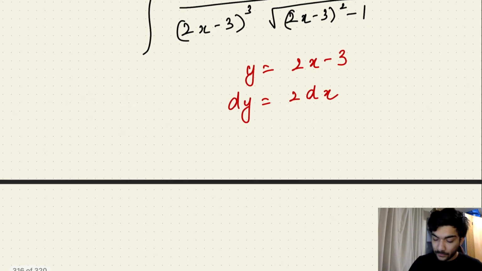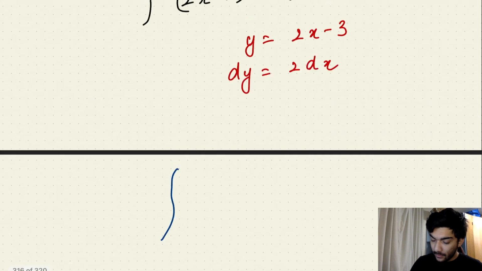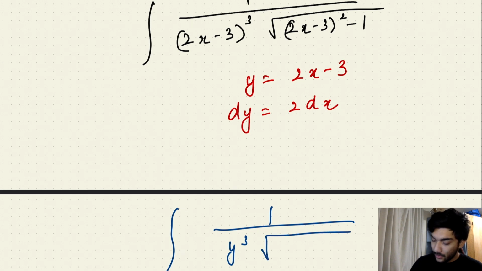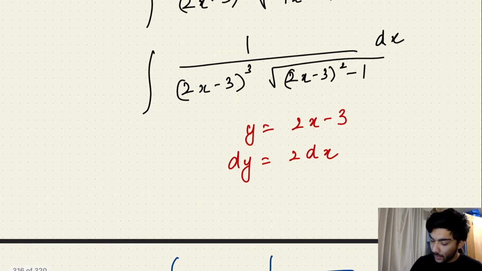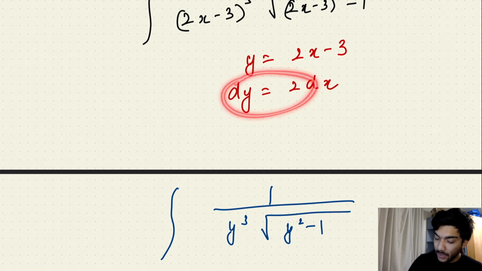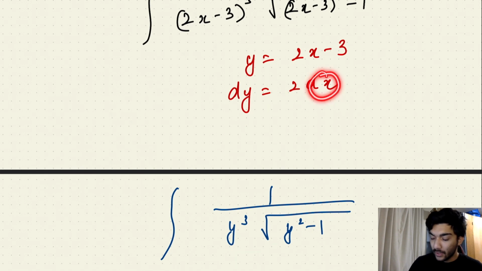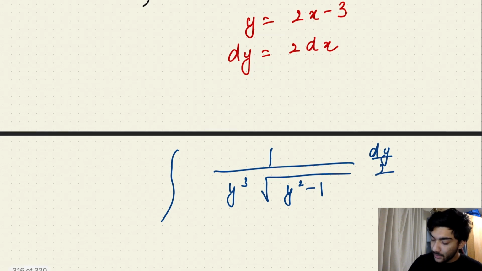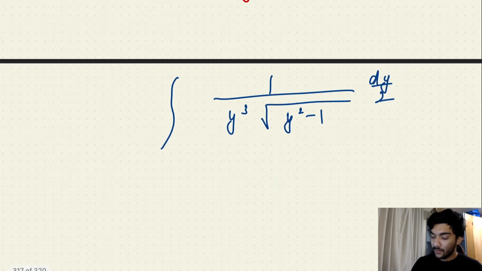So this integral will become the integral of 1 upon y cube times square root of y square minus 1, and then your dx would be changed to simply dy by 2, right? Because if you shift your 2 to the denominator, dx is dy by 2.